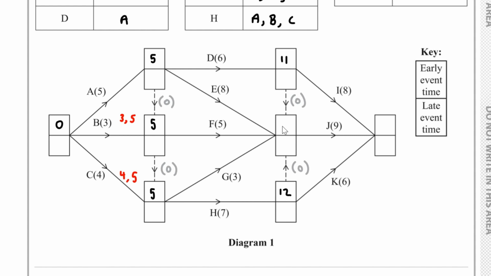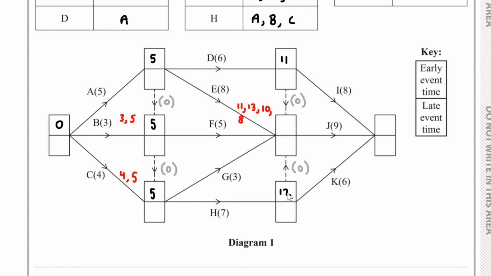Now, for this box, there's various ways we can consider what goes here. We could have the 11 plus the 0, which is 11. We could have the 5 plus the 8, which is 13. We could have the 5 plus the 5, which is 10. We could have the 5 plus the 3, which is 8.